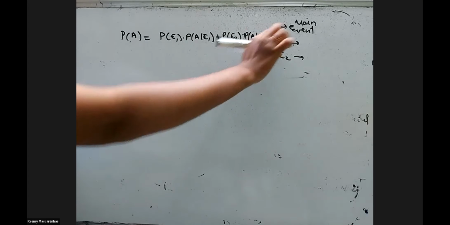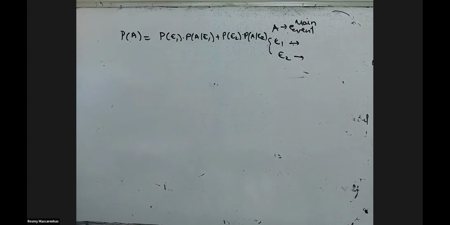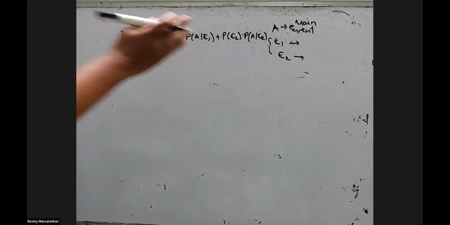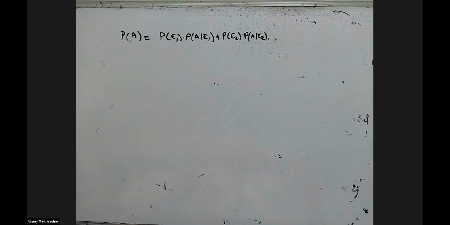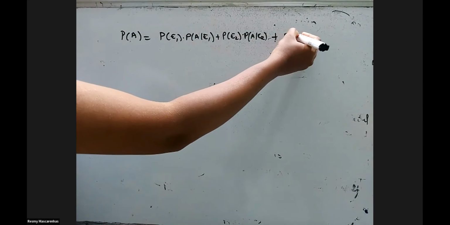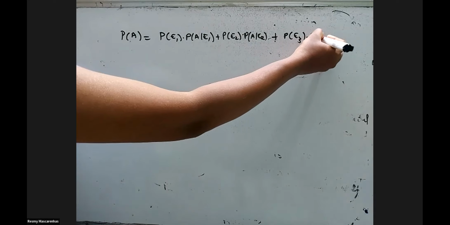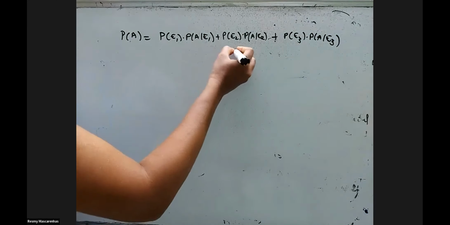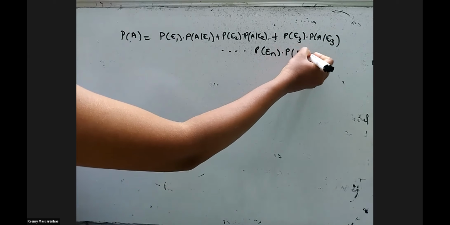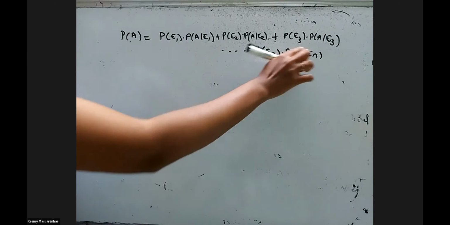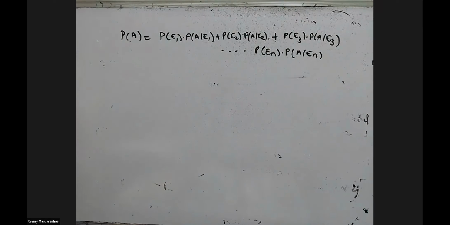If there are three events, it continues with P of E3 and so on, and if there are four events, it continues for four events. In general, it continues till the last one, P of En. Here E is always in the denominator side.